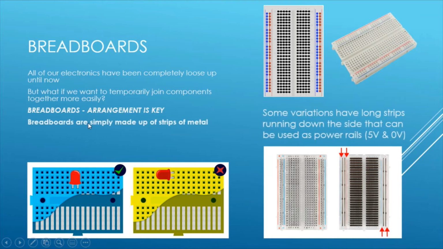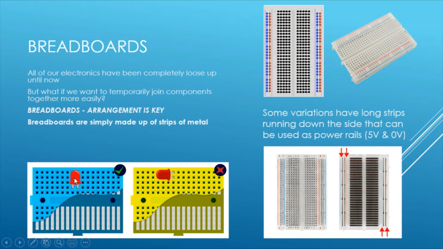Okay, so breadboards are simply made of metal strips. Here you can see underneath you've got all these holes where you can put a component's leg through, right? And then you've got all of these metal strips that connect them up. Look at the pattern, paying attention to the pattern of this.